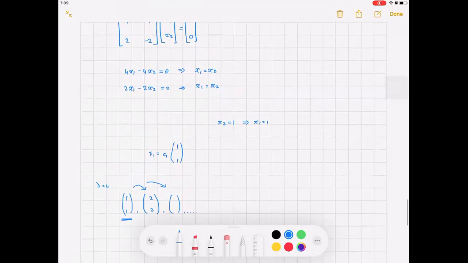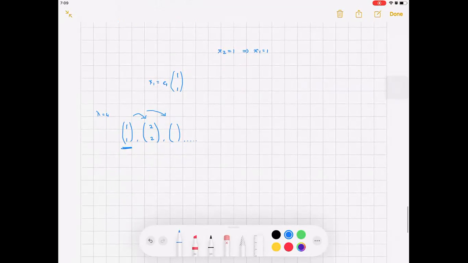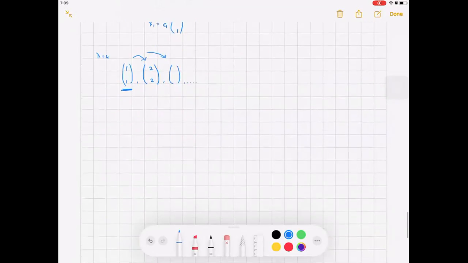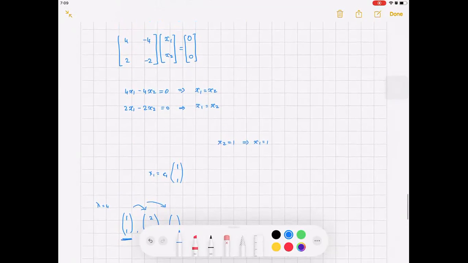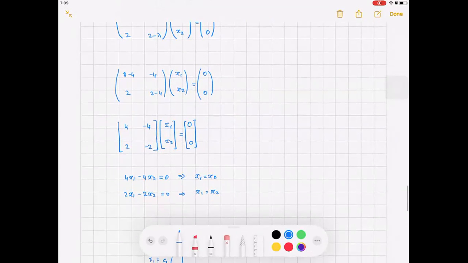And this is how you will find it. Now for lambda equal to 4, we found the eigenvalue and eigenvector. Lambda is equal to 6 will also give, I'll just copy this equation, sorry.